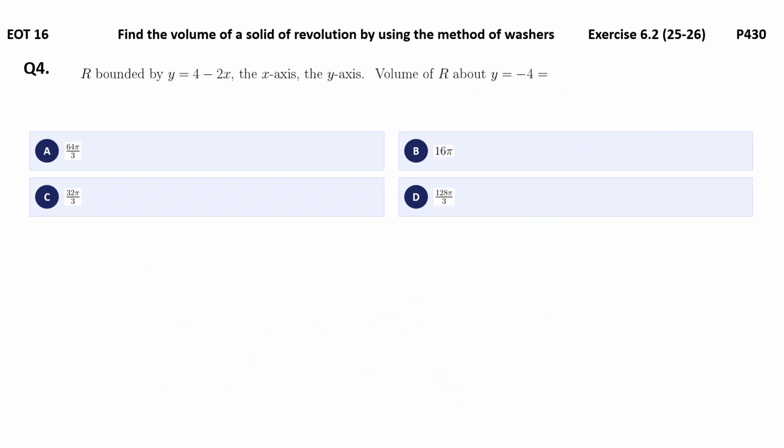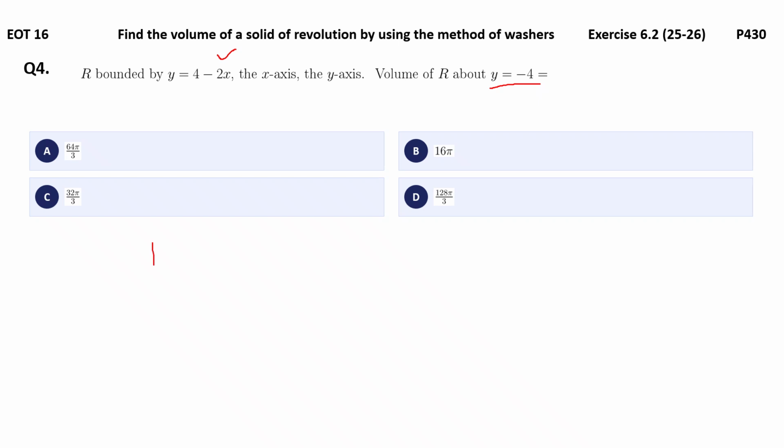Let's try out this question. Here if you notice, y equal to negative 4. Same idea, but the only thing here is that it is y equal to negative 4, parallel to the x-axis. So the function remains the same because it has x, and your limits for x are from 0 to 2. Everything remains the same.